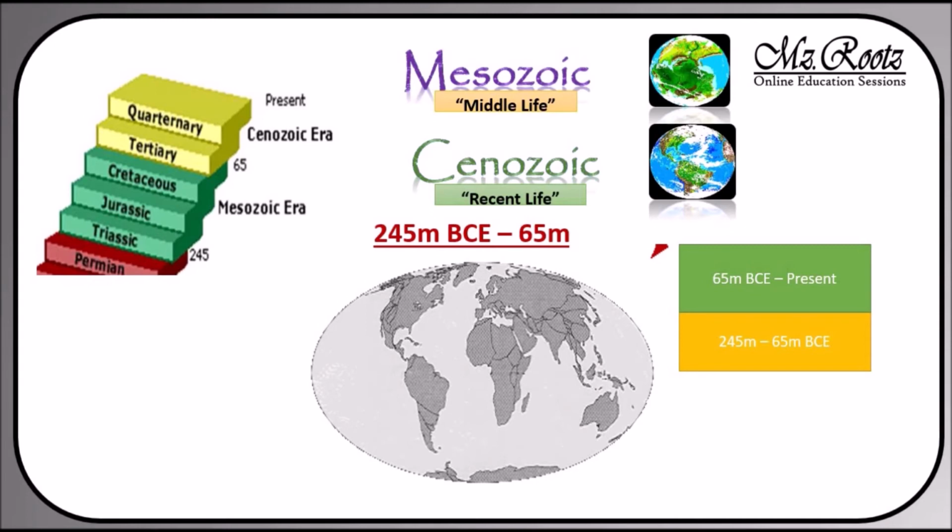The Mesozoic is divided into just 3 time periods: the Triassic, the Jurassic, and the Cretaceous. The supercontinents Gondwanaland and Laurasia collided some time back to form a single supercontinent called Pangaea, meaning all Earth.